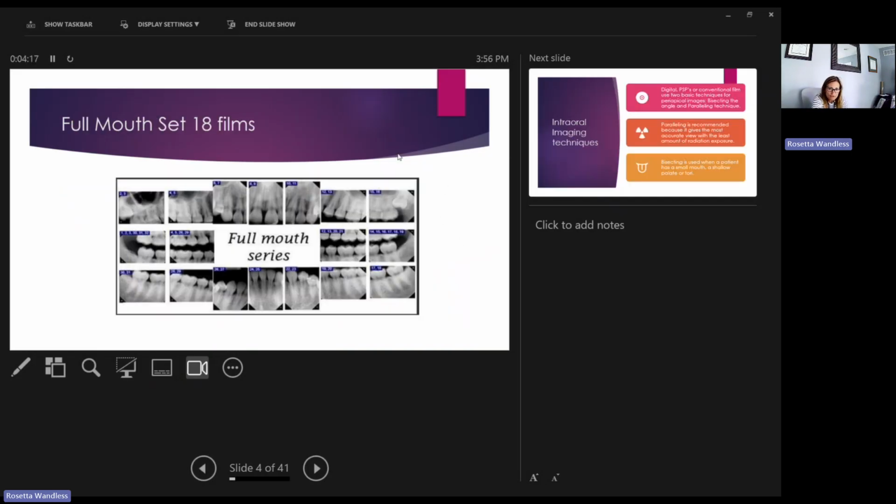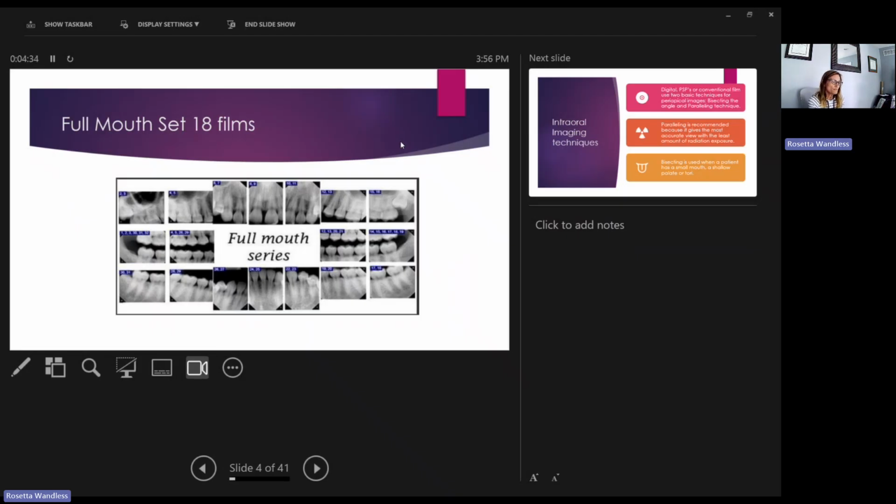This is a standard full mouth set of x-rays. It's the 18 film set, whether it's digital or film based. These are 18 radiographs. We're using a size 2 film, and this is for an adult dentition.